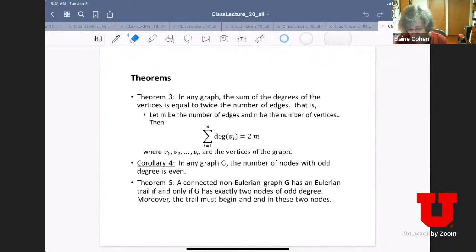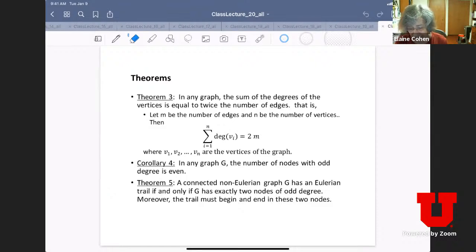At the end, just before our little break, we actually figured out theorem 3 all by ourselves, but this is a real theorem. In any graph, the sum of the degrees of the vertices is equal to twice the number of edges.